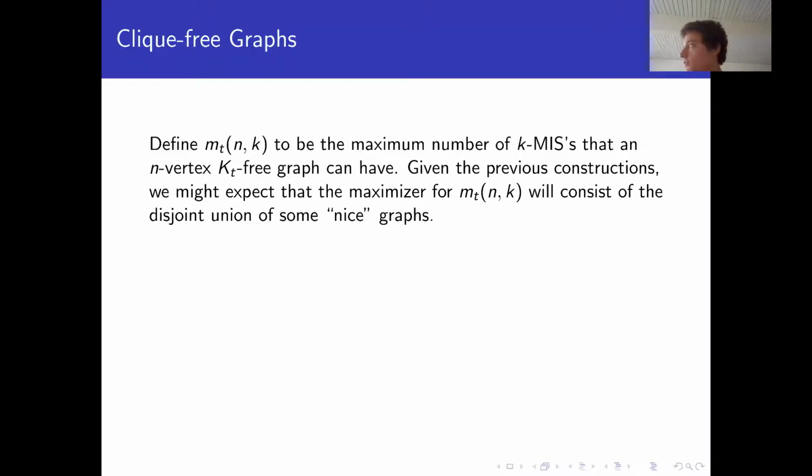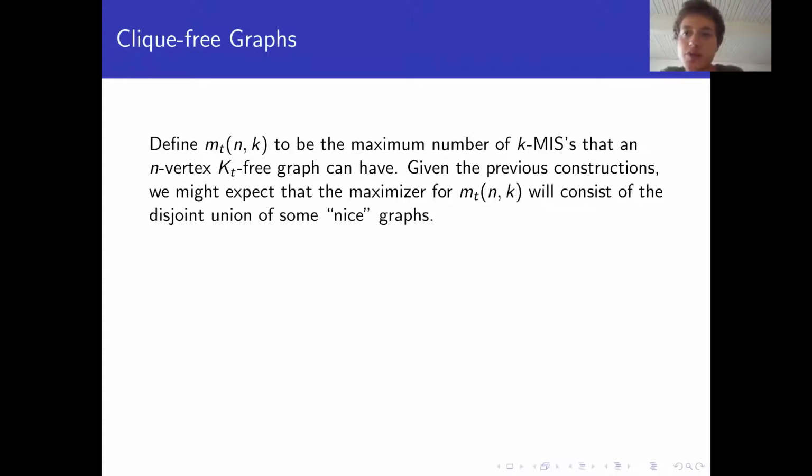And given what we've done up to this point, for the first theorem, the extremal example was a disjoint union of triangles. Then it was a disjoint union of K2s in the case of triangle-free graphs. And then it was a disjoint union of cliques for MISs of size k.